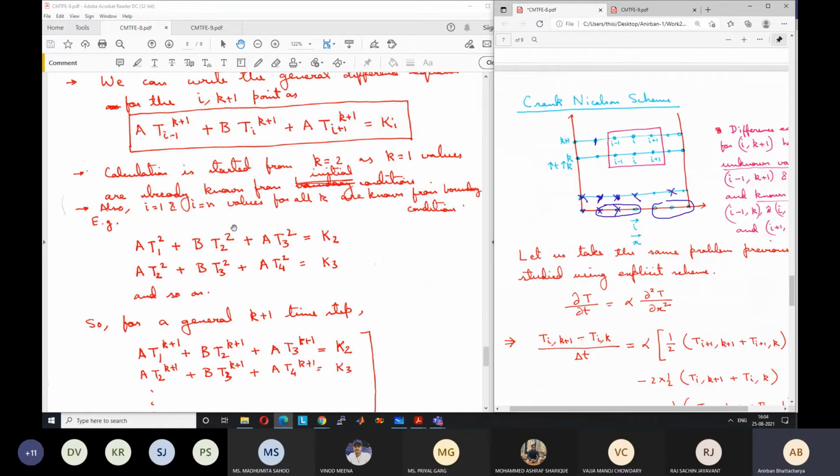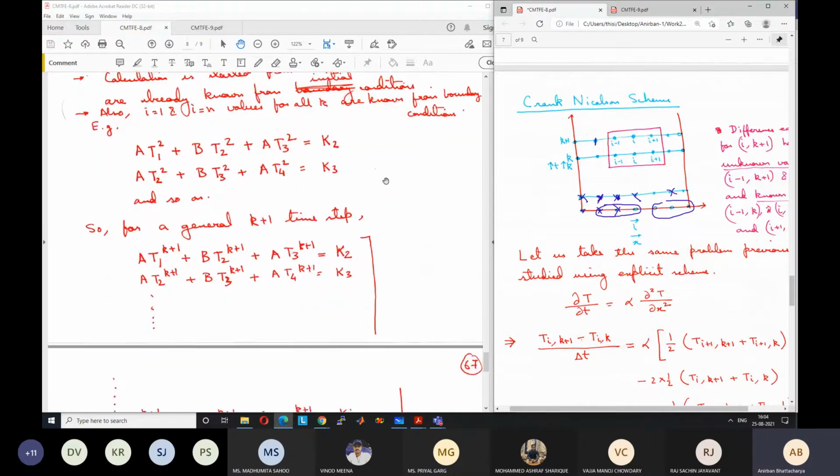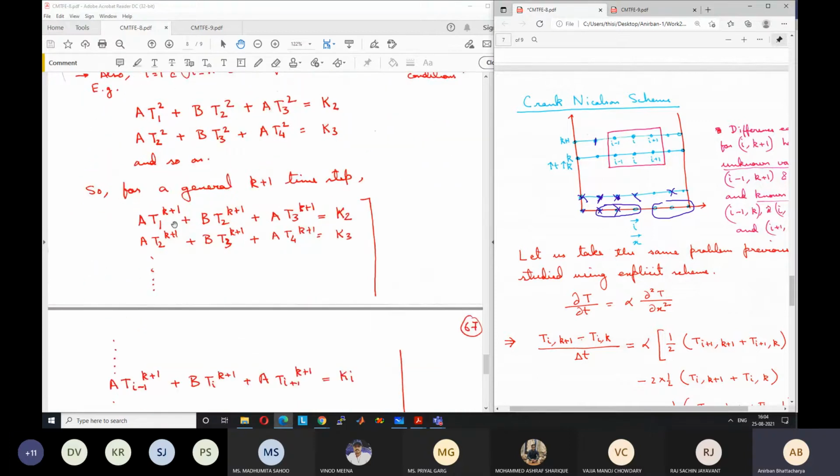Okay, so instead of the second time step, if we consider a general time step, the kth time step, we can write these equations in this form: A T1 k plus 1 plus B T2 k plus 1 plus A T3 k plus 1 is equal to K2.